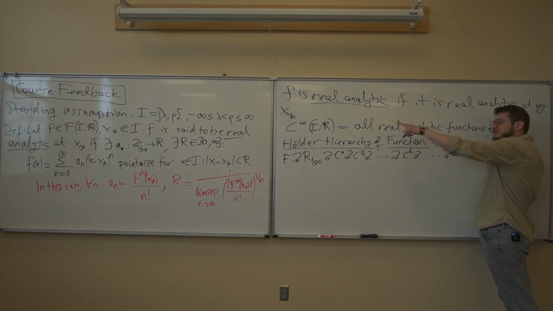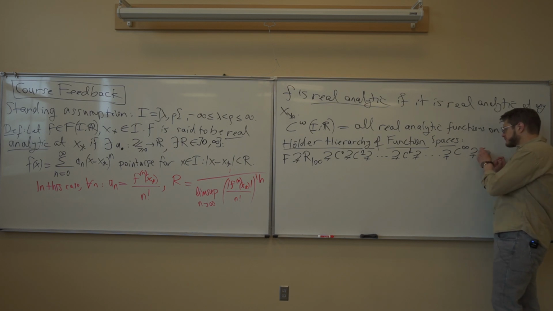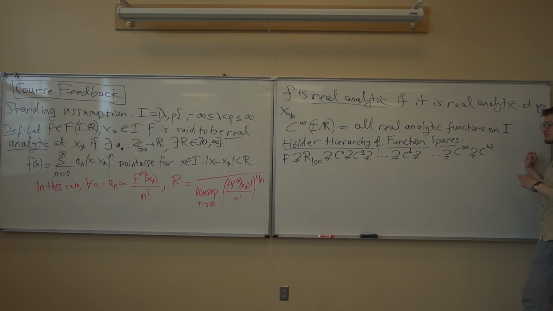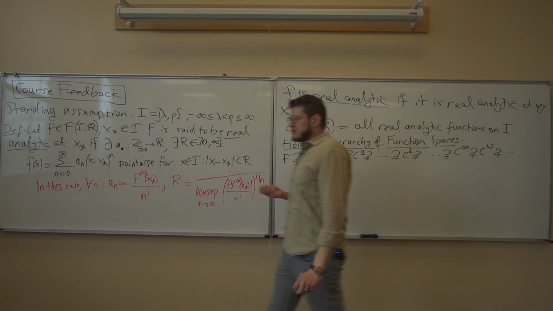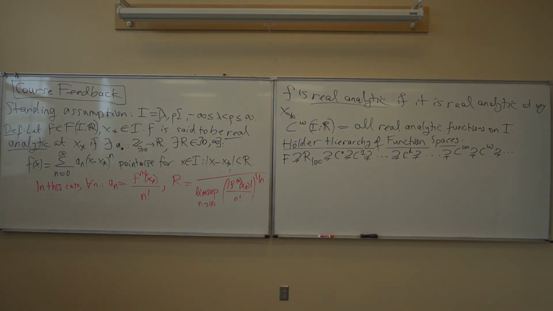C omega, the set of real analytic functions, is a proper subset. It's a smaller subset of all infinitely differentiable functions. But then I can keep going if I wanted. Because, in a sense, polynomials are basically functions whose power series expansion just stops at some finite time.